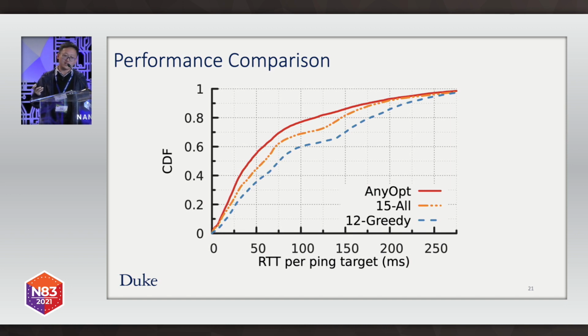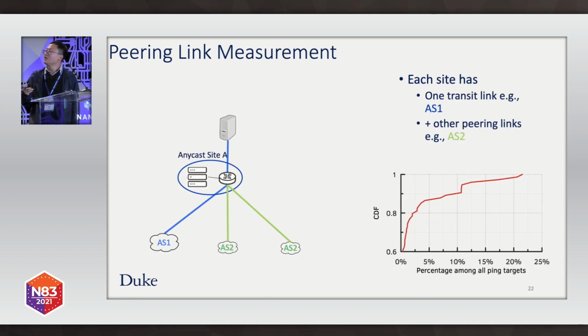It gave us an answer with just 12 sites. We also select 12 sites greedily based on the unicast round-trip time, and AnyOpt improves the median round-trip time by 38 milliseconds. We also compare with the configuration which includes all available Anycast sites, and compared with that, it reduces the median round-trip time by 14 milliseconds.